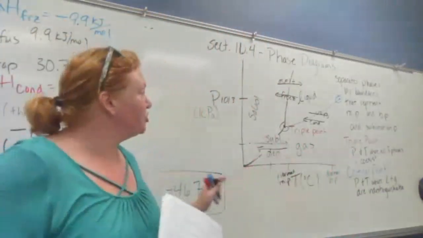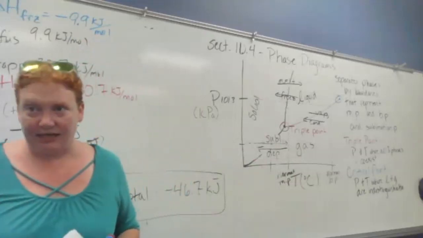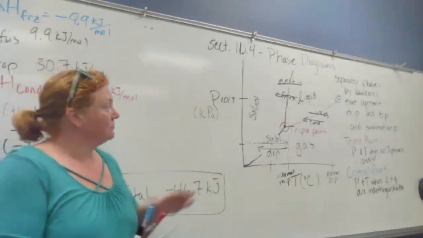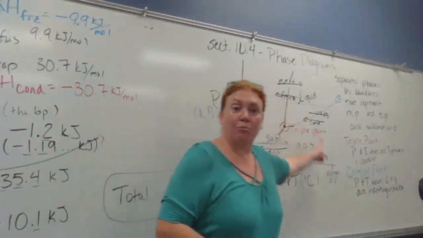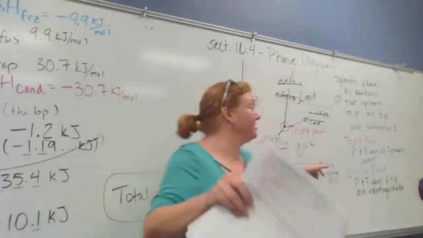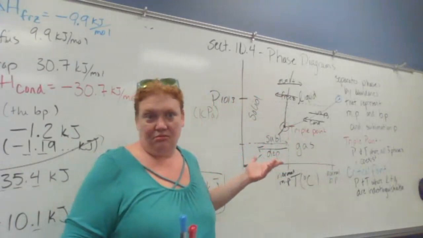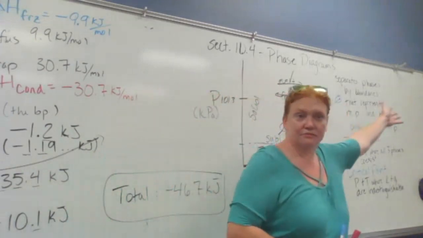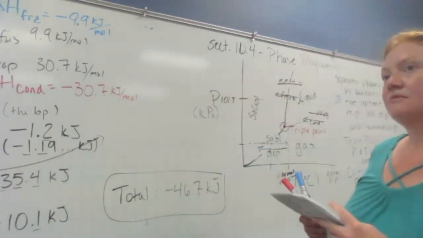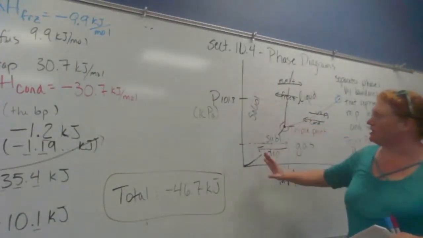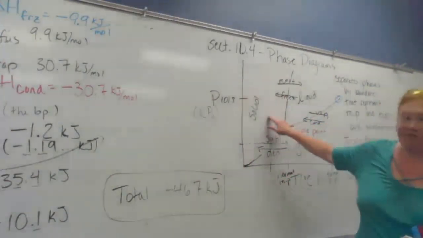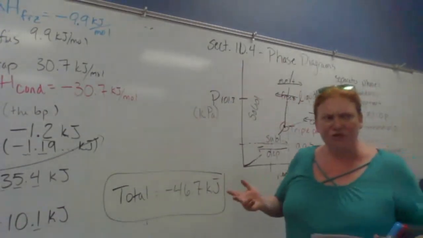You need to be able to look at a phase diagram and identify the normal melting point, the normal boiling point, where the triple point is, and where the critical point is. If I give you a pressure and a temperature, can you use a phase diagram and tell me what phase that compound is in? That's what you need to be able to do.